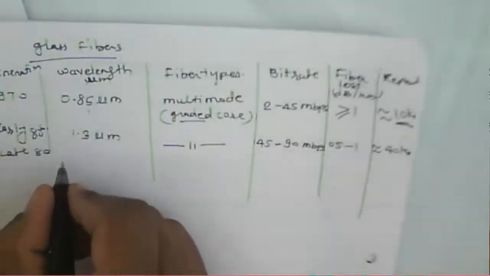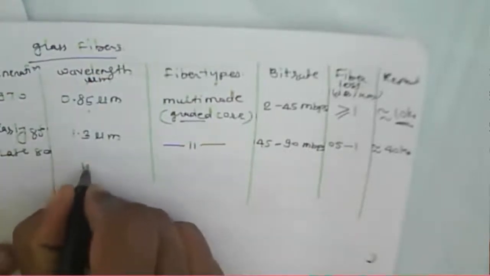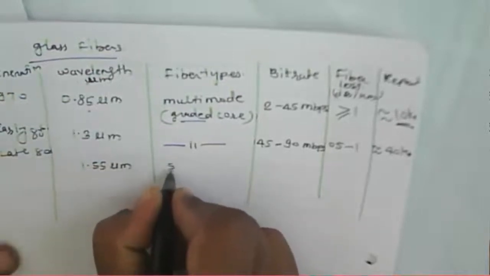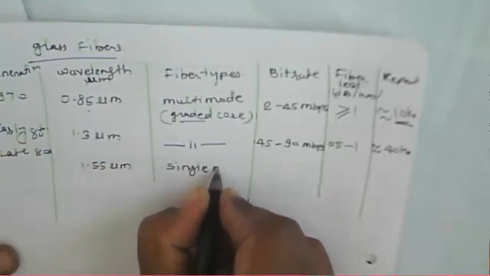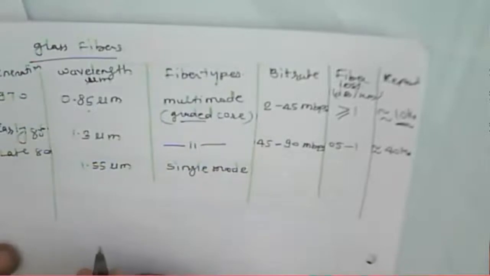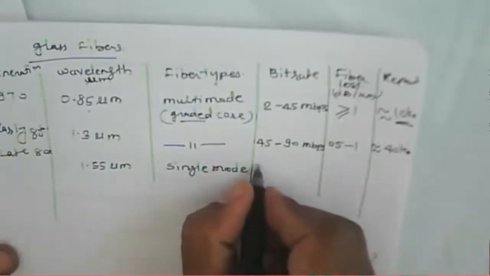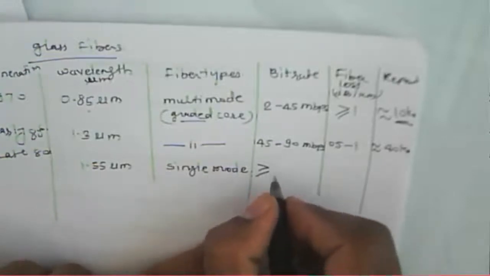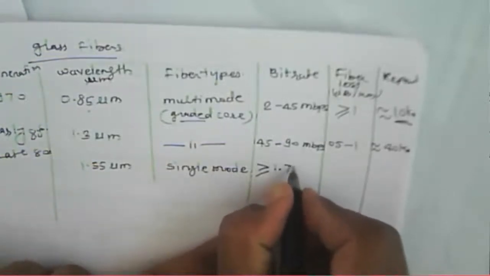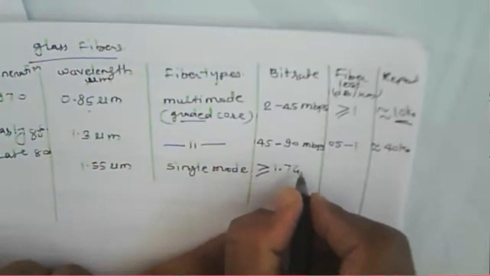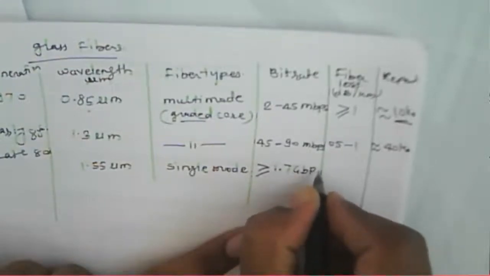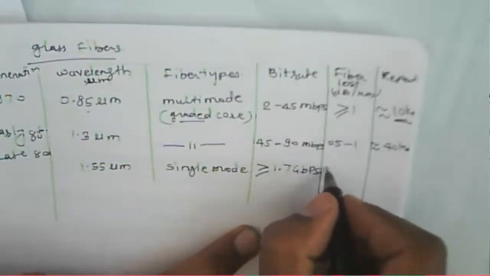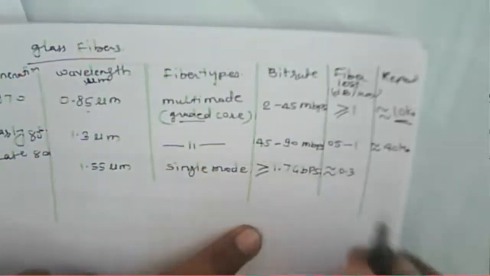Then in the late 80s, the wavelength changes. It is about 1.55 micrometer. Then people used a single mode fiber. When a single mode fiber is used, the bit rate changes to 1.75 Gbps, instead of Mbps, it is Gbps.